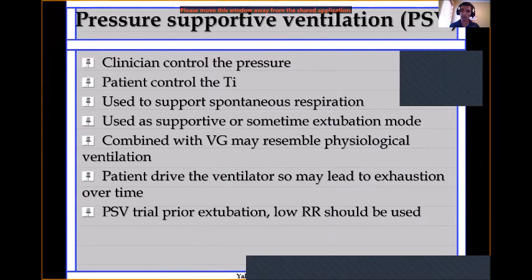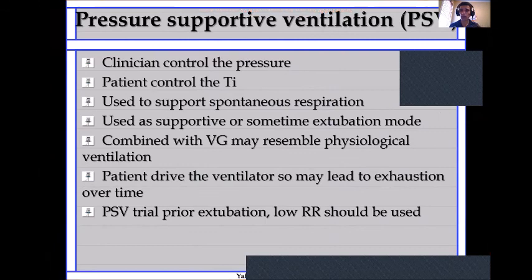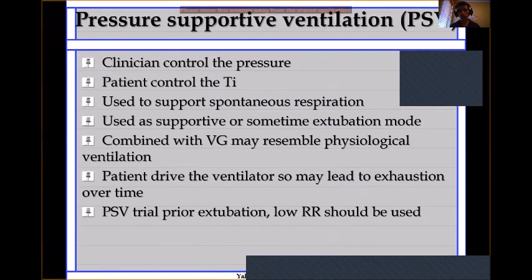As an example, you have a drunk driver and you have a normal driver. If the driver is normal, use PSV plus VG. But if your driver is drunk, then you cannot let him leave the ventilator. Who is drunk? The premature baby, the sick patient, the paralyzed patient. You cannot let him drive the car while he's under distraction or drunk and cannot lead.